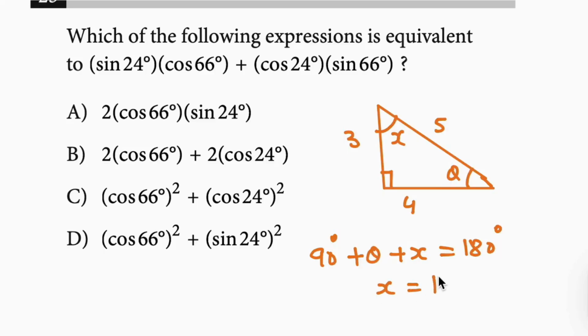So x is equal to 180 minus 90 minus theta, so that means 90 minus theta. And that is true every single time. Because it is true every single time, learn this pattern: this is 90 degrees, this is theta, and this is 90 minus theta. Okay.